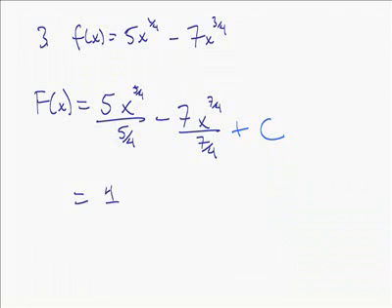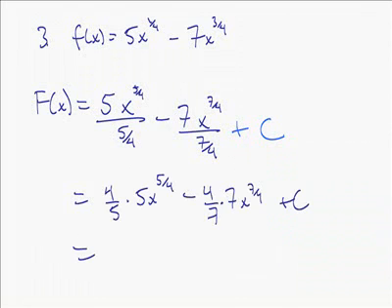So we'll have 4/5 times 5x to the 5/4 minus 4/7 times 7x to the 7/4 plus that constant c, and you can see we have 5's dividing to 1, 7's dividing to 1, not canceling, we don't say canceling, dividing to 1, so we get 4x to the 5/4 minus 4x to the 7/4 plus any constant that you want, c.